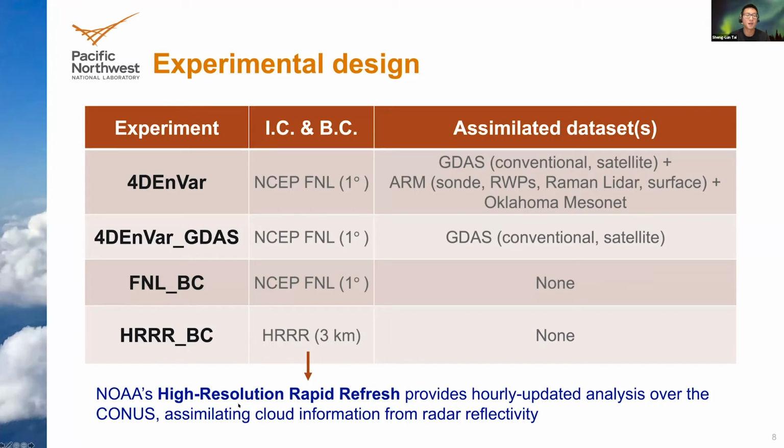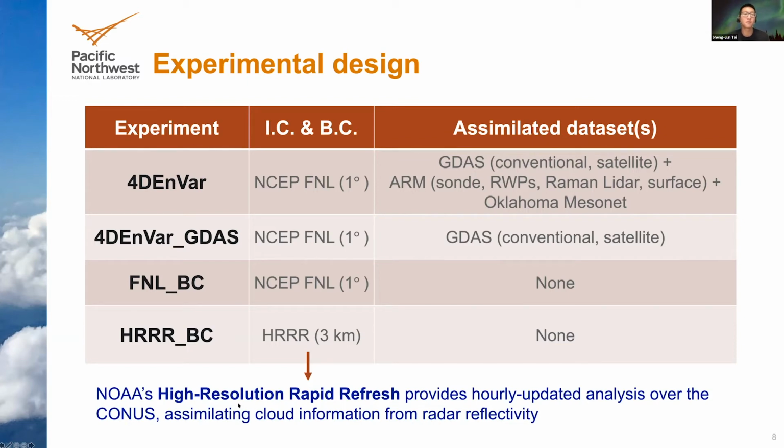In the second one, we exclude the ARM and Oklahoma Mesonet data and only assimilate the GDAS operational data stream. And the third one is just a pure forecast initialized by NCEP FNL reanalysis.